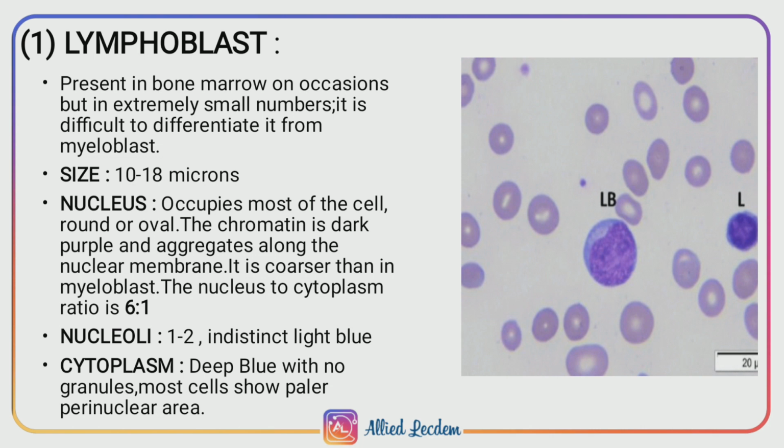The nucleus to cytoplasm ratio is about 6:1. The nucleoli present here are about 1 to 2 and indistinct with light blue color.